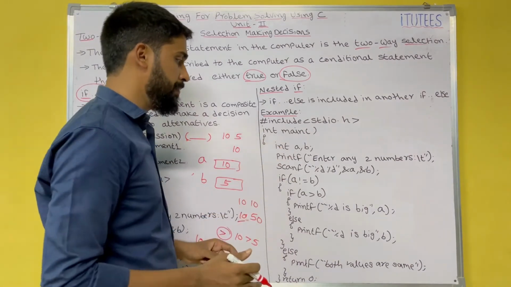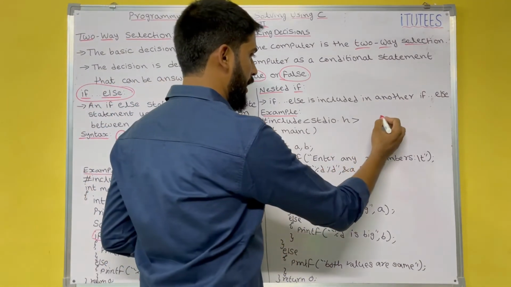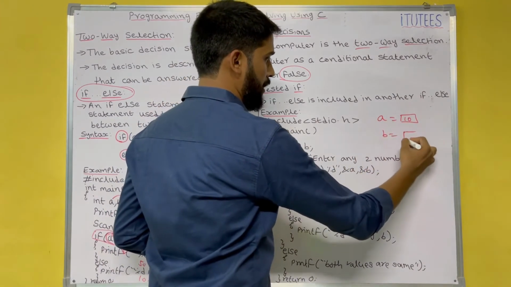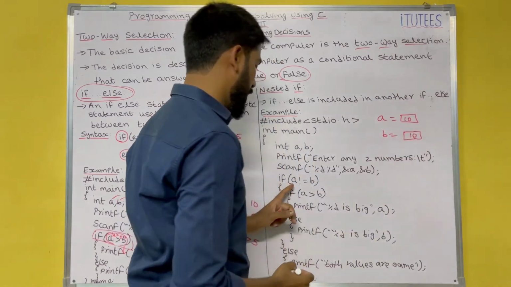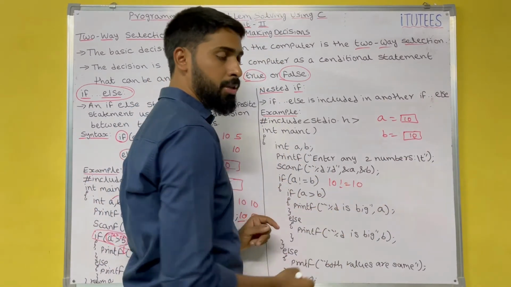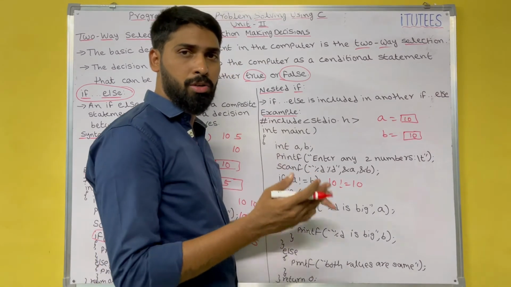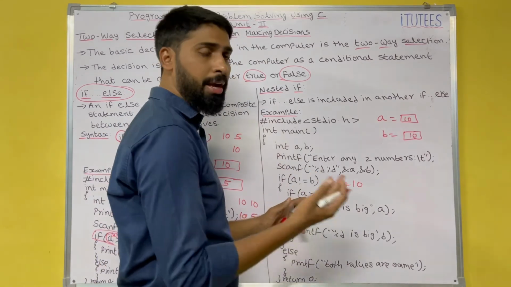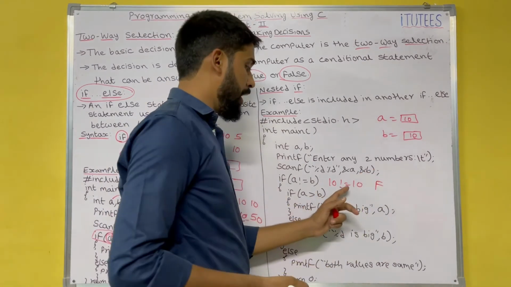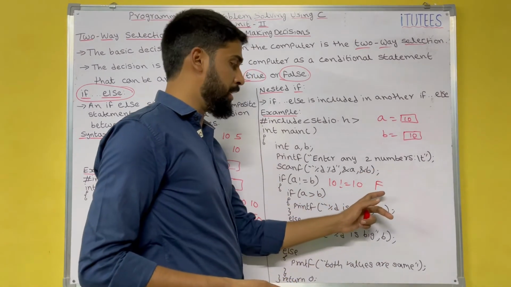Okay, the same program. I entered A equals 10 and B equals 10. Here you are going to check 10 not equals to 10. If 10 not equals to 10, then only you are going to check A greater than B. What does 10 not equals to 10 return? It returns false.